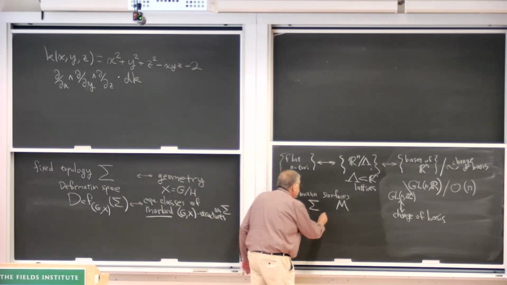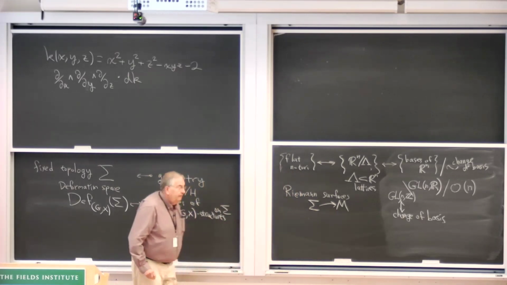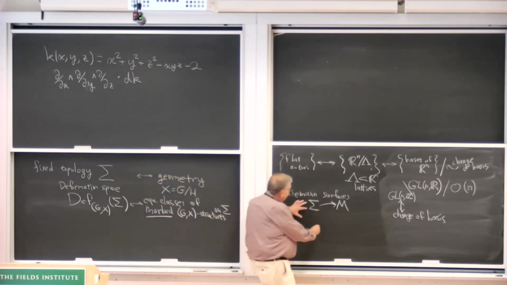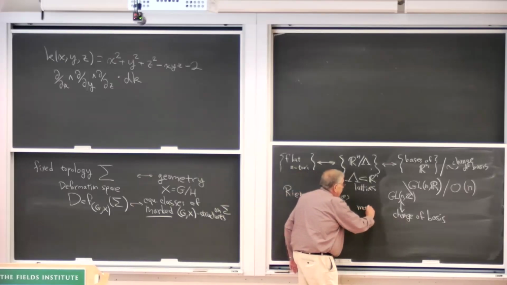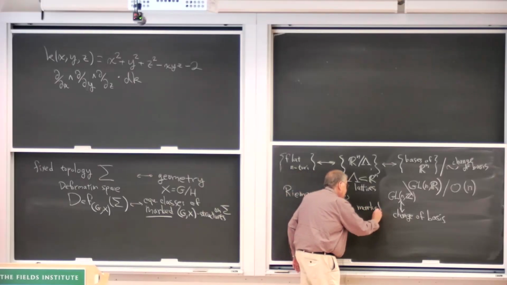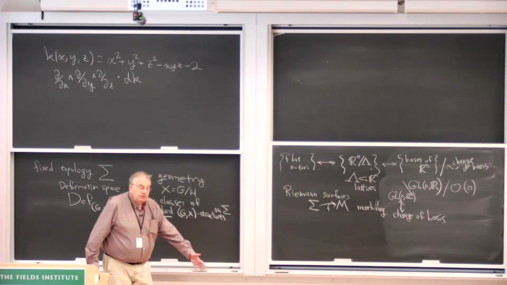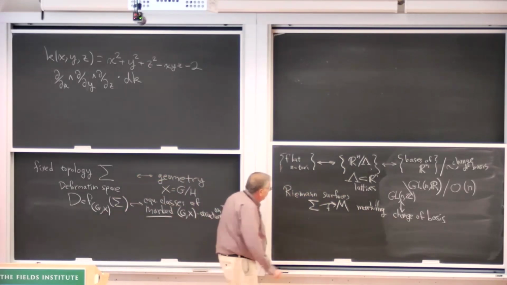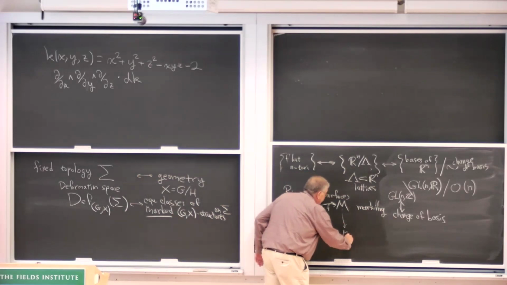And a Teichmüller space consists of a marked Riemann surface. So we have a marking, which is like a topological coordinate system. And when I say topological coordinate system, I mean we might have M be a Riemann surface, and M prime might be another.